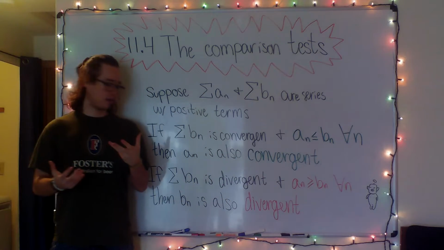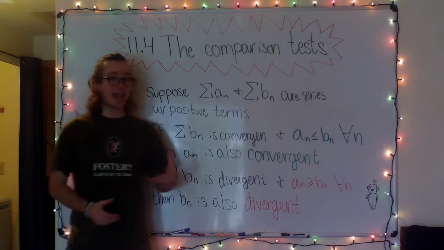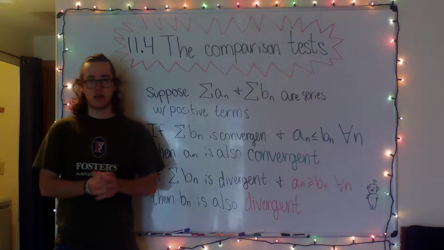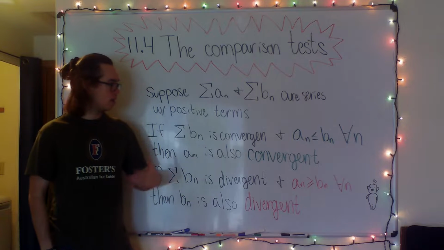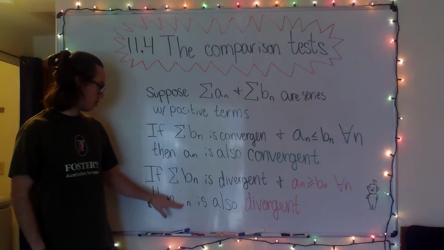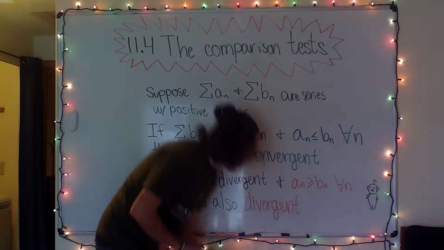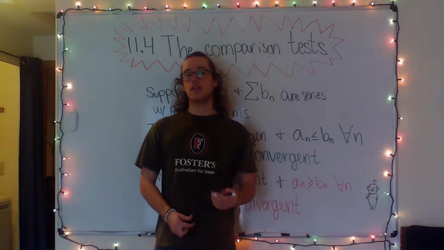Now we have the second portion that says if the sum of bn is divergent and an is greater than or equal to bn for all n in the sequence, then the sum of an is also divergent. And so, what does this mean? Well, essentially, we're just comparing these two series.